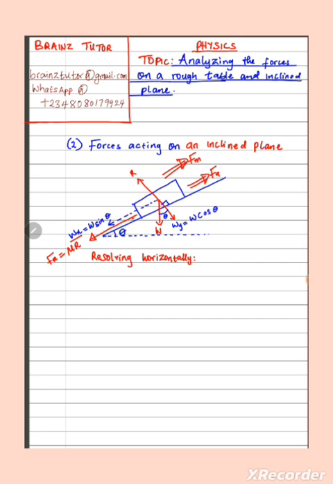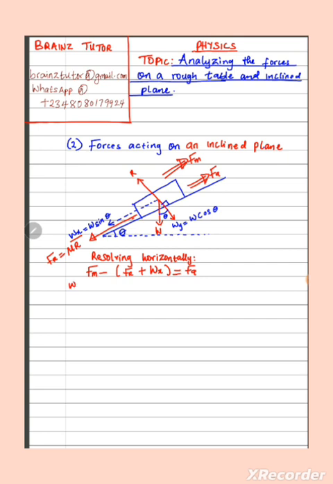So resolving horizontally, we will see that the original force Fm that was applied to the block is now being reduced by the frictional force, and is also being reduced by the weight in the x direction, that is the x component of the weight, or the horizontal component of the weight. Then it's going to give us the net force that we call the force of acceleration.